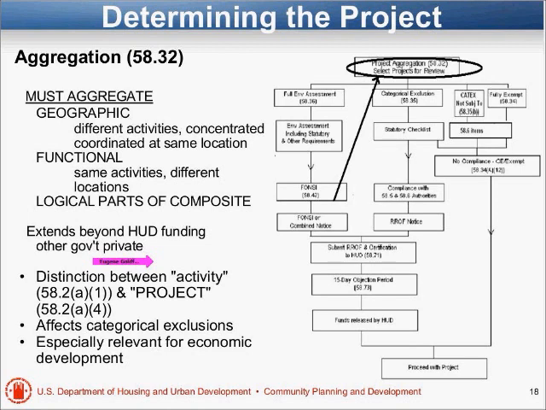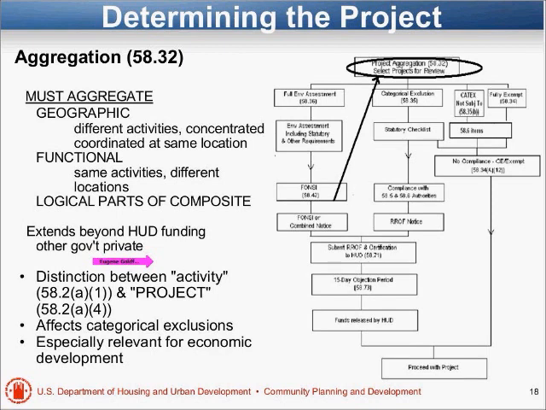An activity is something that you use HUD funds to fund, maybe to build this site. But maybe there are public-private partnerships, or partnerships between the federal government and the local government, and different partners are acting and fulfilling different roles in the development process.